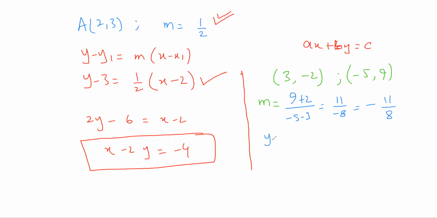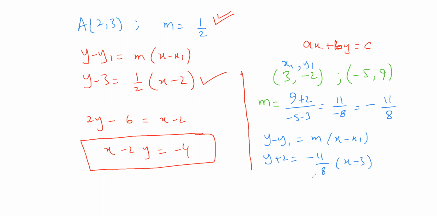Now, this is y minus y1 equals m into x minus x1. You take any of these points, this is going to be x1, y1. So this is y plus 2 equals minus 11 over 8 into x minus 3. You can leave your working up to this if the question says just find the equation of the line.